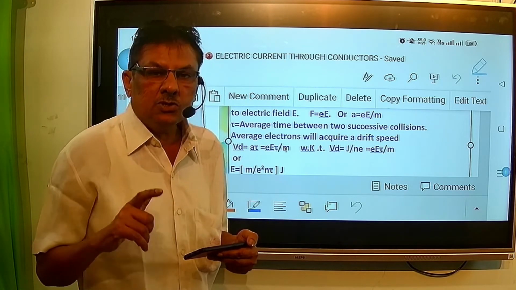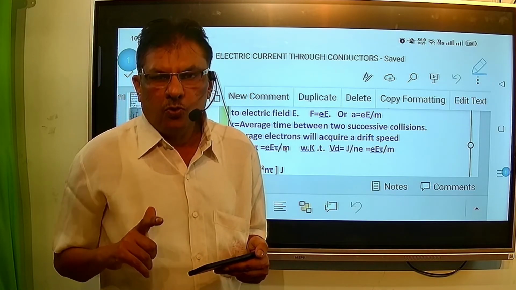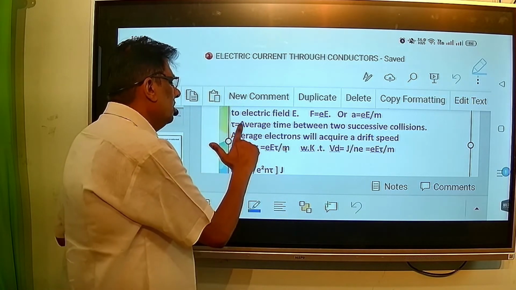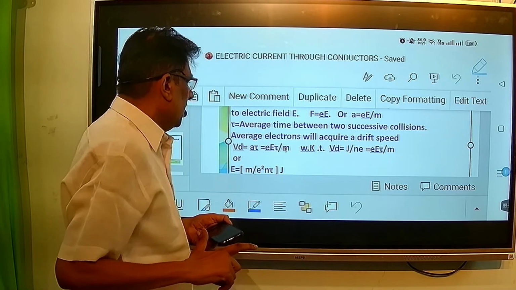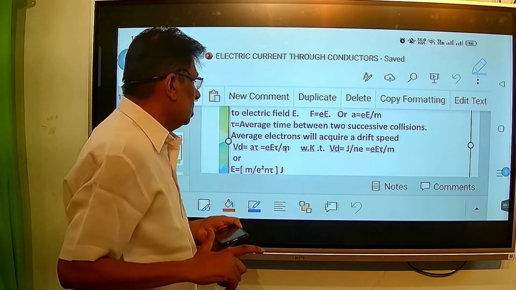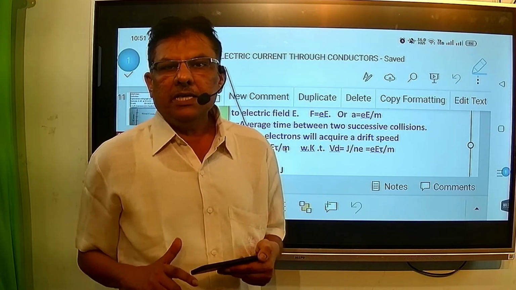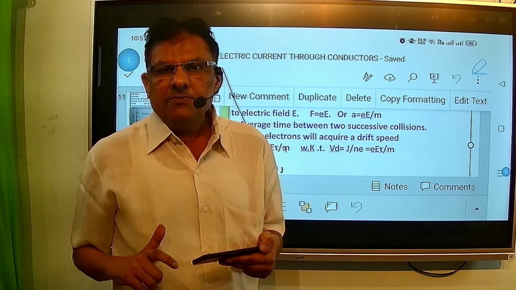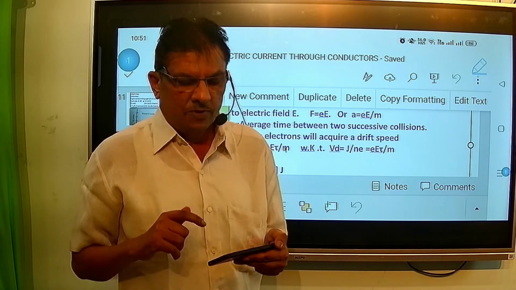When there is a collision, there is a time between two collisions, represented by tau. We call this tau the average time between two successive collisions. These electrons will acquire a drift speed: the minority carriers, that is electrons from the copper material, will result in a drift velocity.